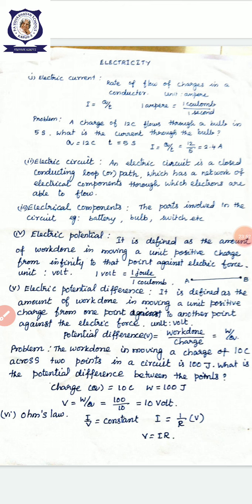Is it clear? For connecting purposes we use wires made mostly of copper, and sometimes aluminum and iron wires. These are good conductors. So according to Ohm's law, at a constant temperature, a steady current flowing through a circuit is directly proportional to the potential difference across its ends.